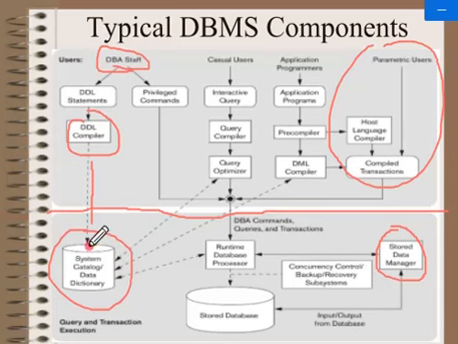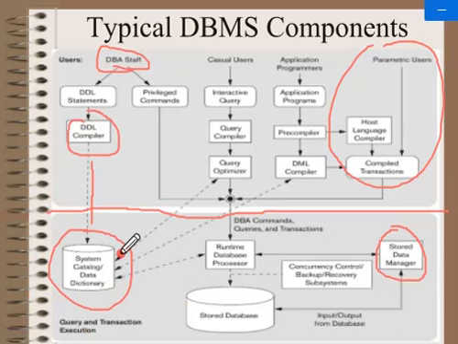So the catalog has all the information about our stored databases, that means the actual data. That's why it is called a catalog, and its contents we call metadata.